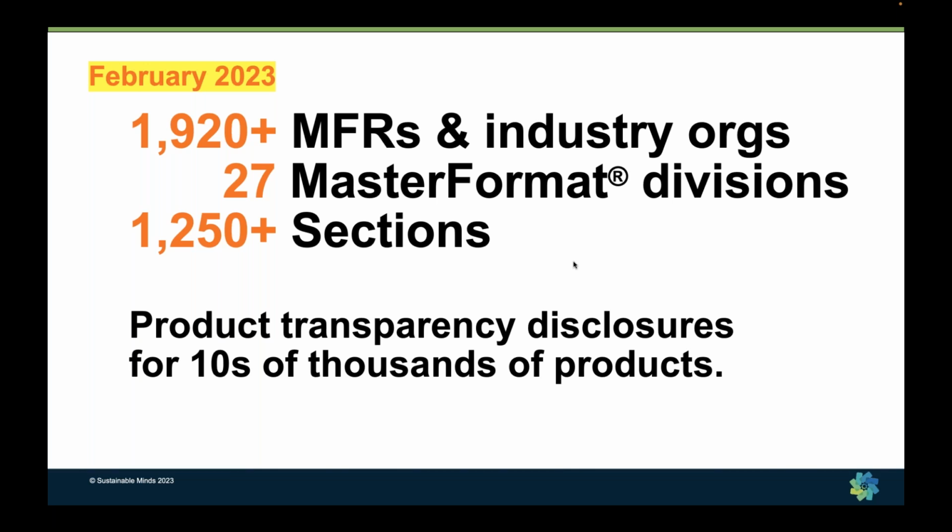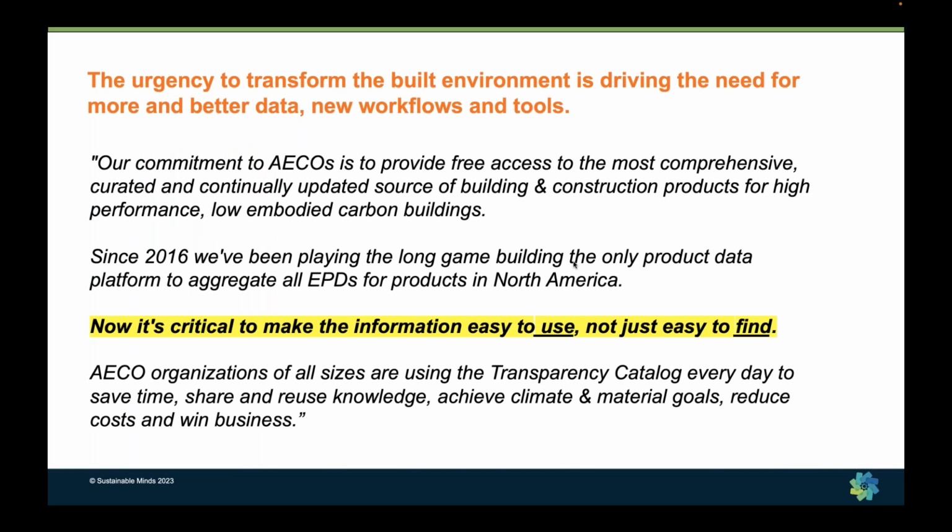We didn't go and install the entire MasterFormat numbering system. That wouldn't be useful. It's not a good user experience to have no results. We only add a MasterFormat section when there's content there. So, you're going to see that every month there's more and more brands are continually creating EPDs and material ingredient disclosures.